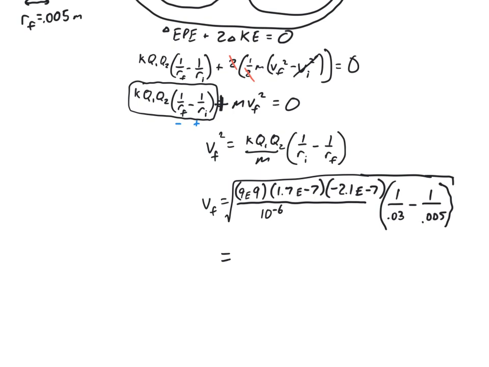Enter. And then I'm going to multiply it by the parenthetical, the inverse of 0.03 minus the inverse of 0.005. All that, and don't forget the square root. And I get the final speed of each of them individually.